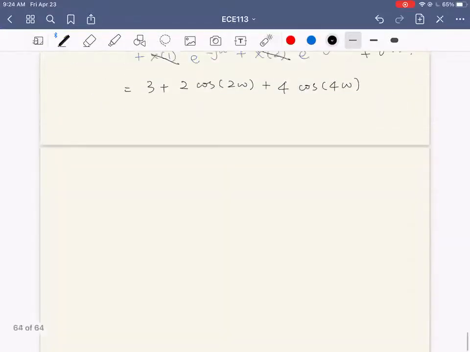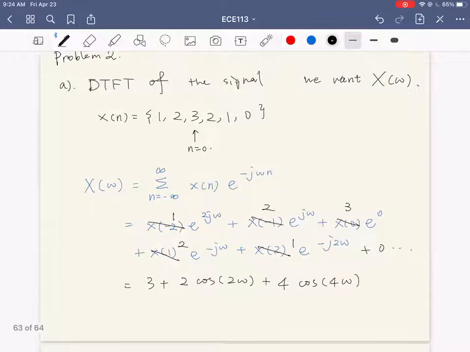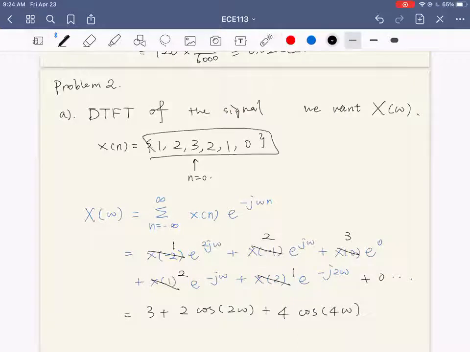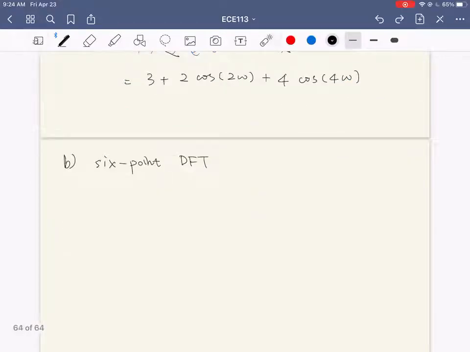And now we want to compute the 6-point DFT. You notice that we have exactly 1, 2, 3, 4, 5, 6 samples in this signal. So theoretically, can the 6-point DFT recover the signal?